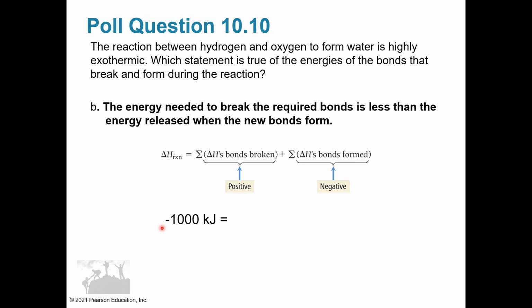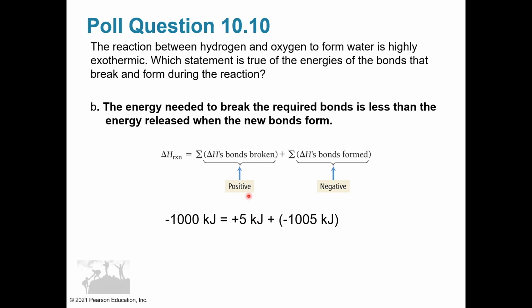Now, what two numbers are needed so that when we add them together, we come up with negative 1,000 kilojoules? Well, there are many possibilities there. Here's one: positive 5 plus negative 1,005 kilojoules.